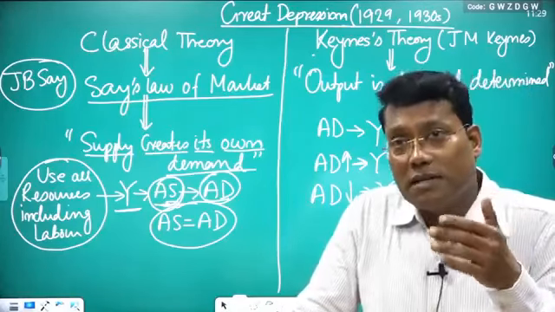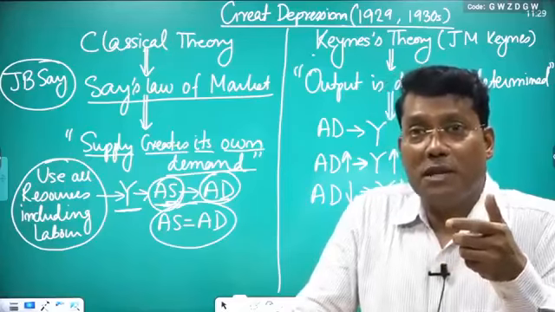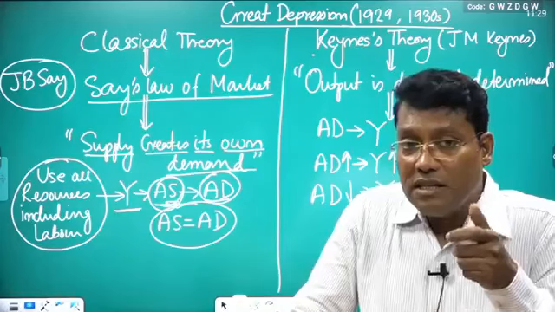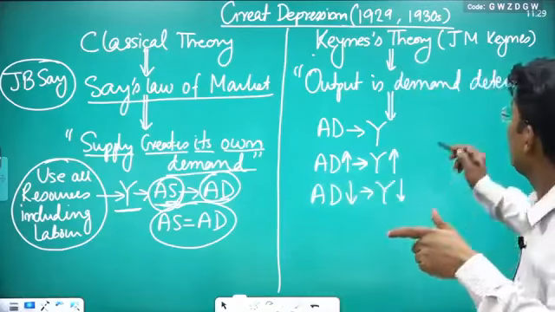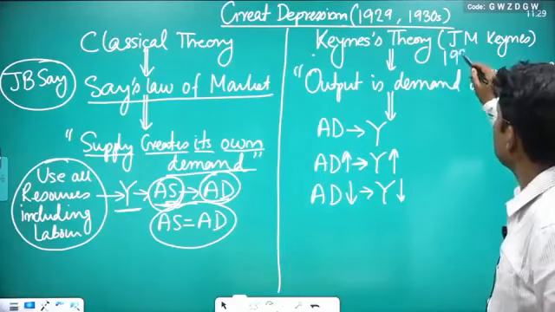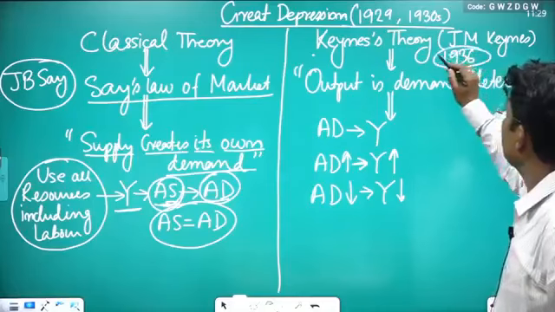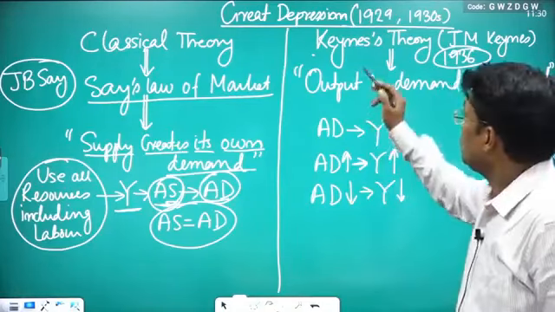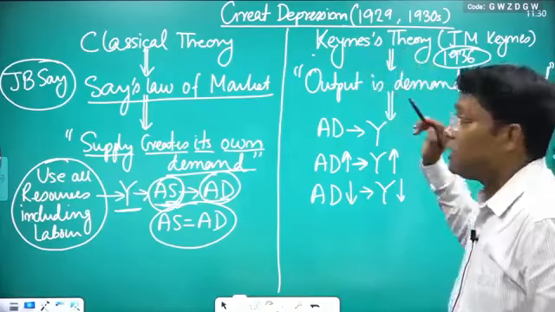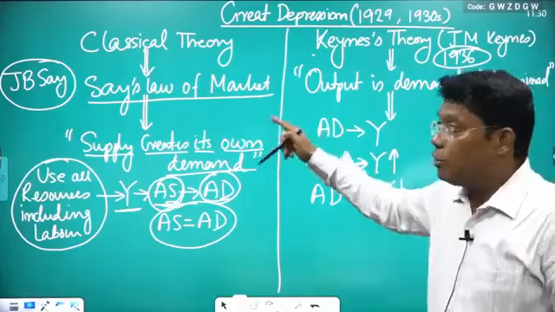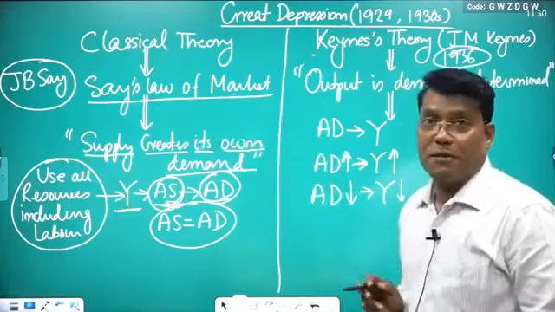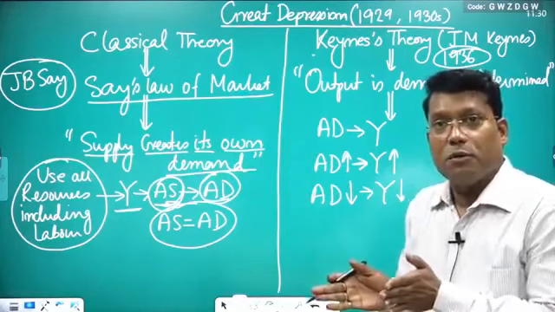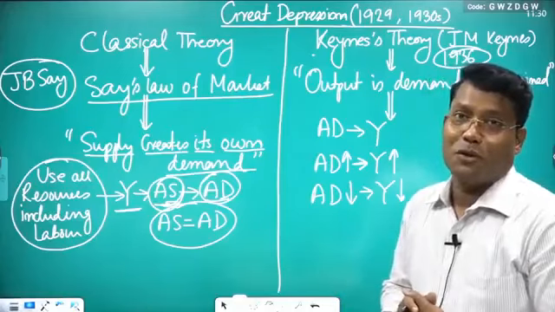Then an economist, J.M. Keynes, John Maynard Keynes, gave his own theory in 1936. So Keynes said that no, the economy cannot work on this principle, and that is the departure from the basic principle of working of the economy.